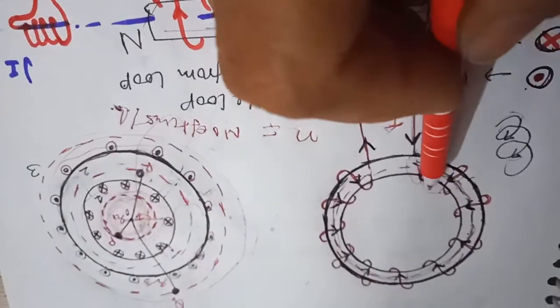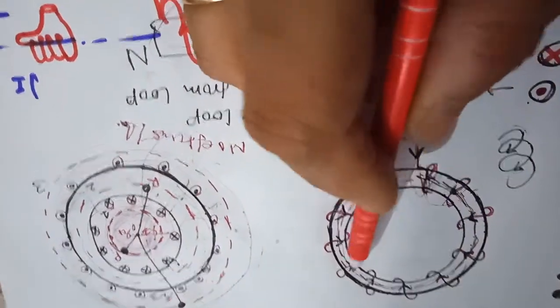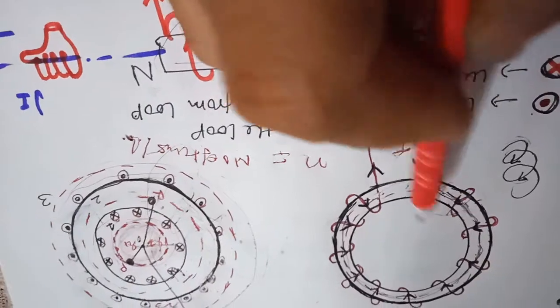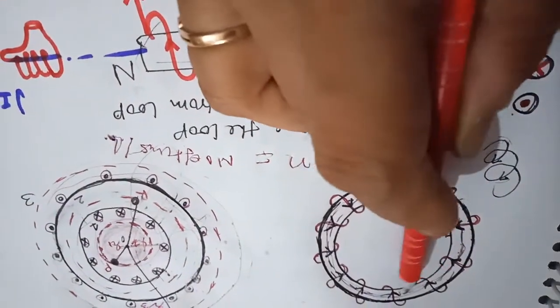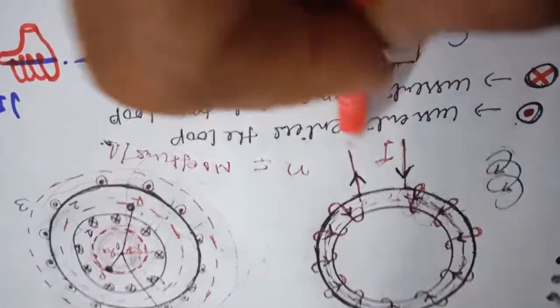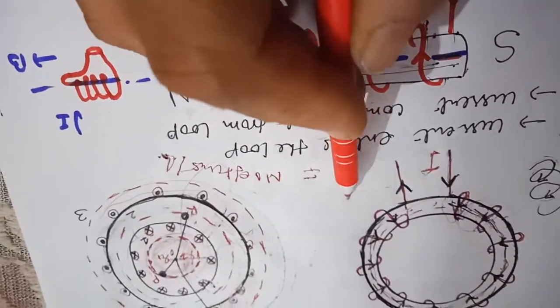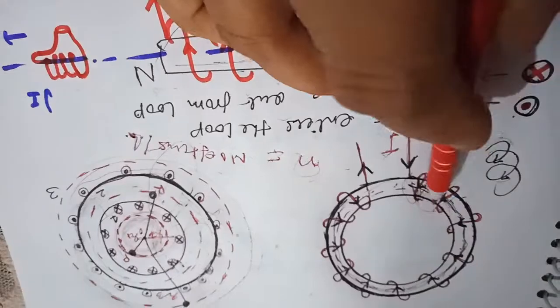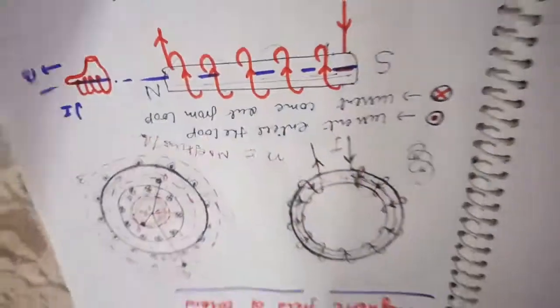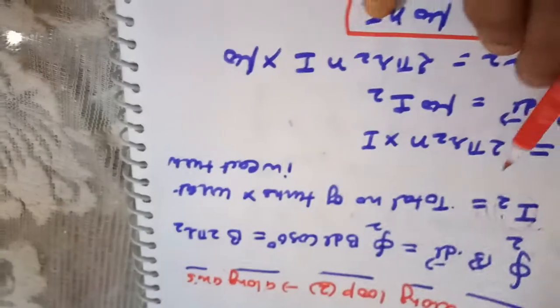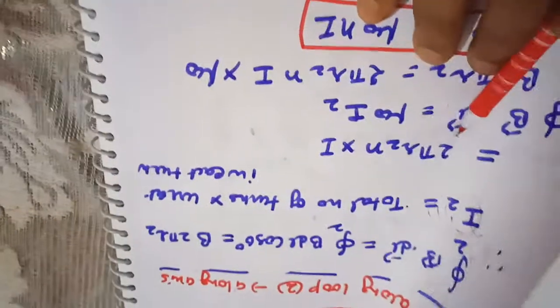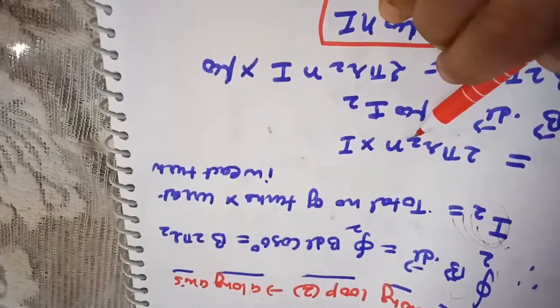What is the total length of the circumference? 2 pi r2. Number of turns per unit length is small n. So you multiply small n by the total length 2 pi r2, and you get the total number of turns, 2 pi r2 multiplied by small n.